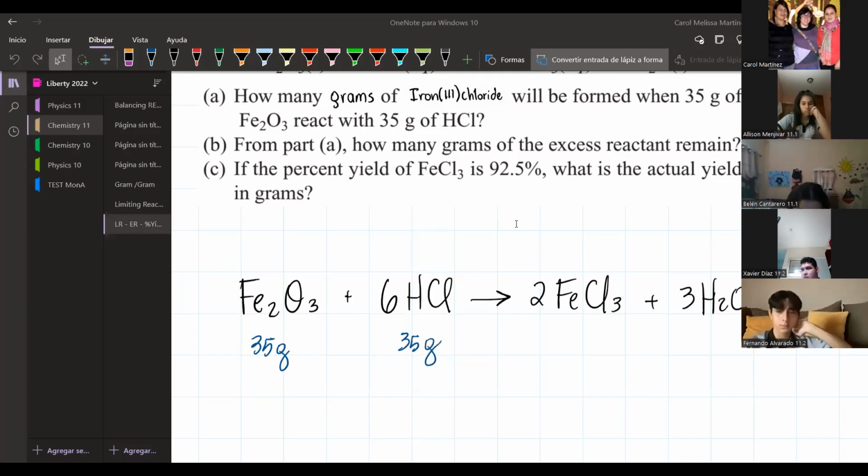That's exactly what I have in each. I have 35 grams and they're asking me the first part, part A, it says, how many grams of iron 3 chloride will be formed? So I'm going to look for the amount of grams of iron 3 chloride.